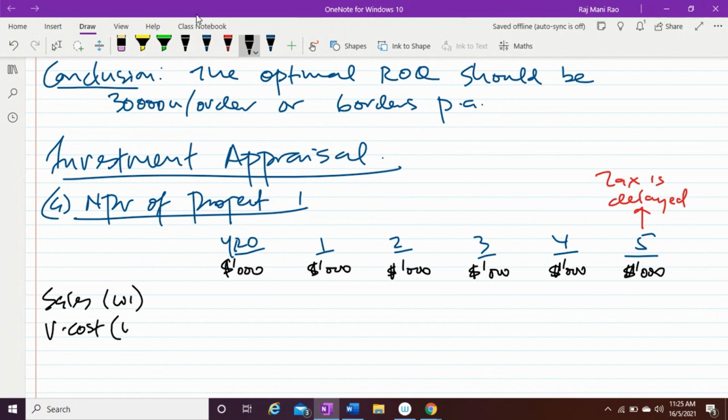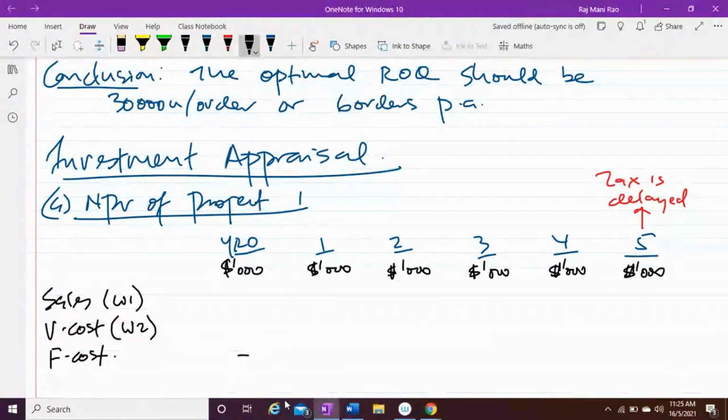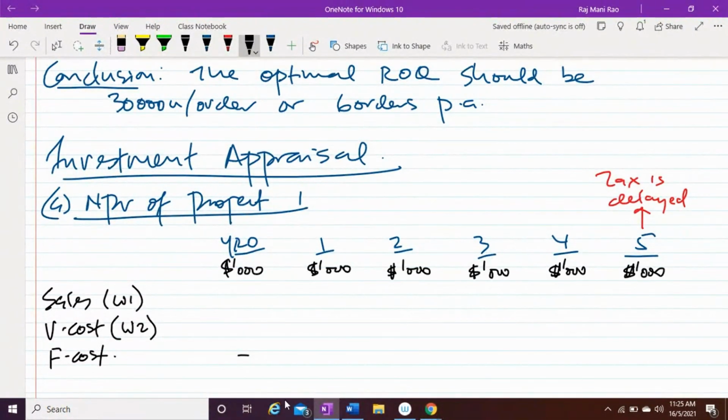Variable costs also need working. For fixed costs, you don't need any working because they have already been inflated. So 105, 115, 125, 125.